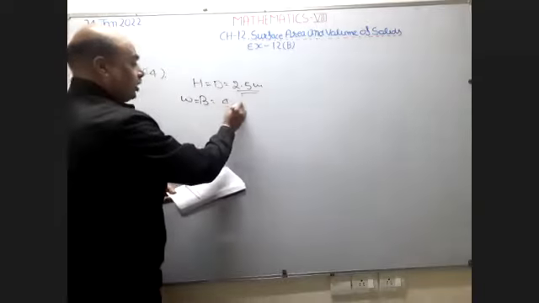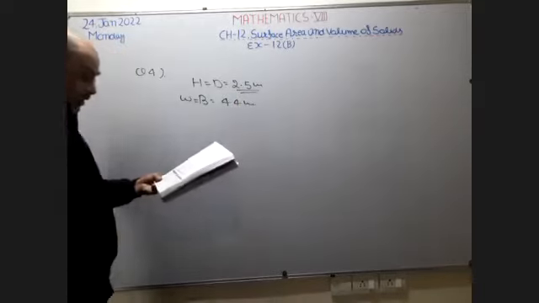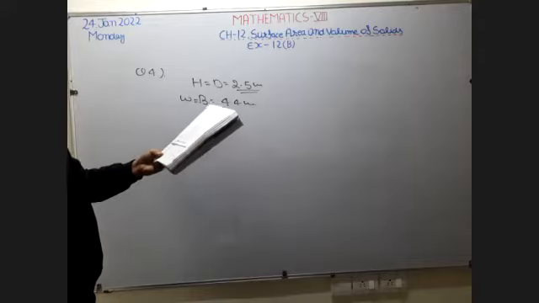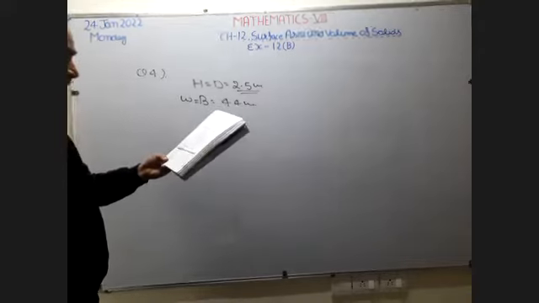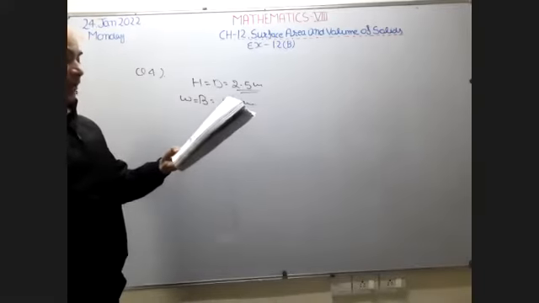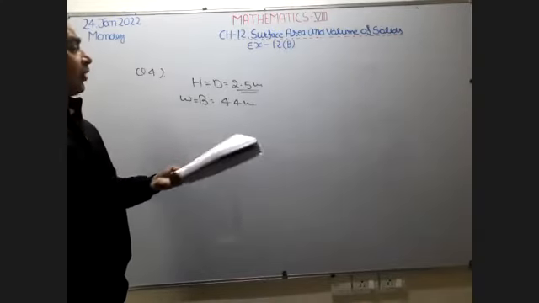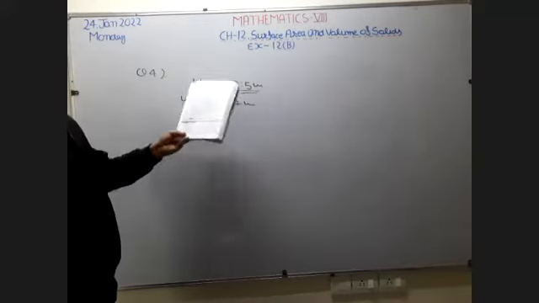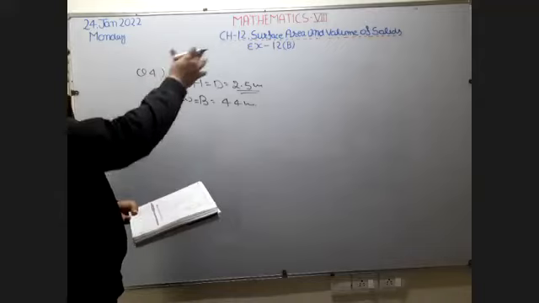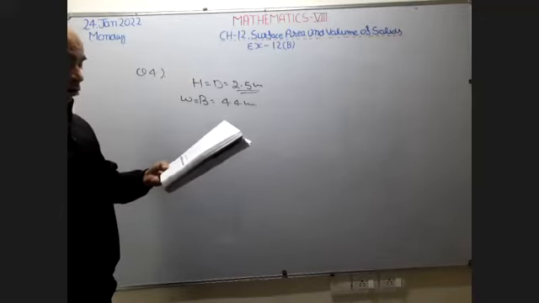It is given as 44 meter. Now it is going to flow at the rate of 2.4 km per hour. Find the volume of water that goes into the sea per minute. We're going to find the volume of the water which is going to be mixed with the sea in 1 minute. In 1 minute, how many liters of water is going to be mixed with the sea? So this is your question.